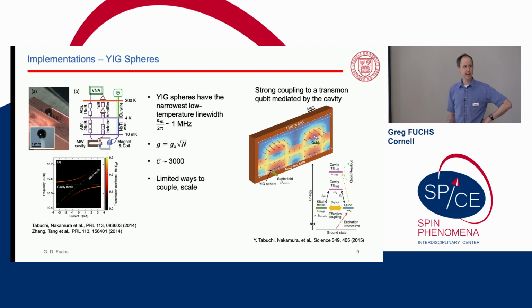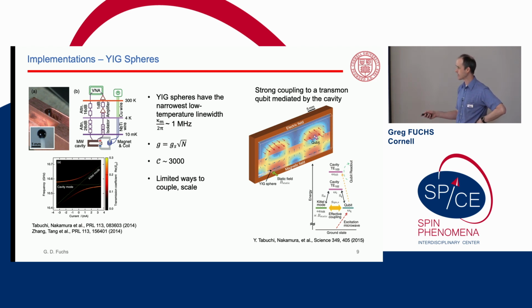And one of the nice things about this implementation is the source of the magnons, which is based on the material yttrium iron garnet, in very carefully made YIG spheres, which is more or less the gold standard, the best low damping magnetic material and the cleanest magnon system that anyone has ever been able to find.